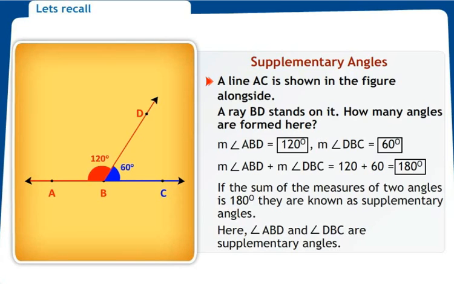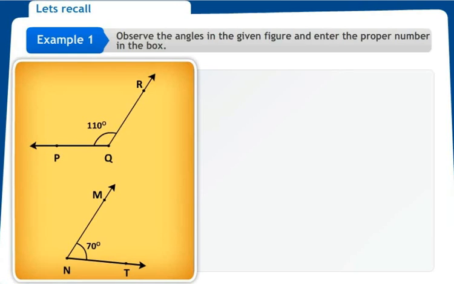I hope I am clear with the concept of supplementary angles. Now look at the diagram. If we name the angle PQR, it is given that the measure of angle PQR is 110 degrees.